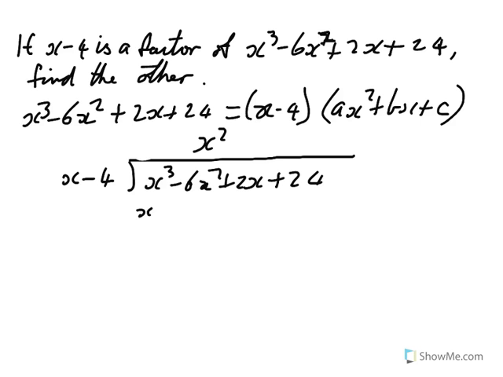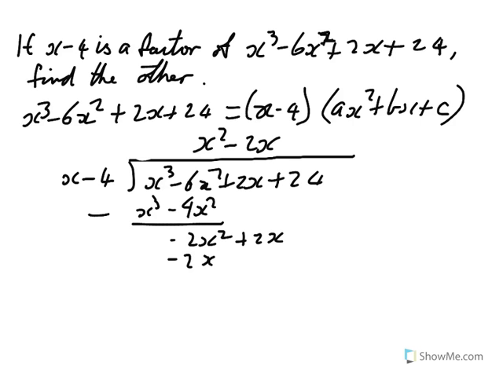So we've got x cubed minus 4x squared, and we've got to take that away. So minus 2x squared plus 2x, bring that down. Minus 2x plus 8x.